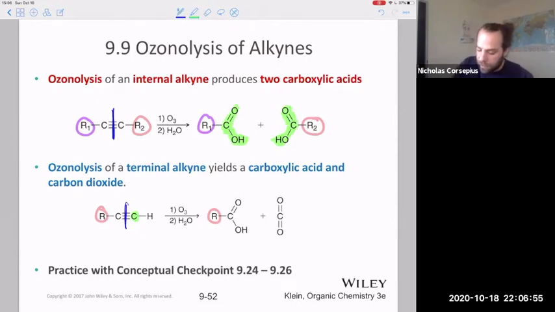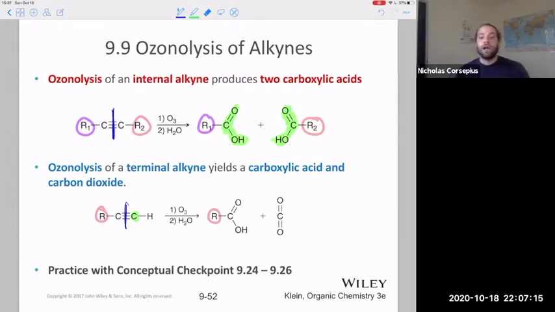And that's just because this compound right here doesn't really exist, even if there was a hydrogen there. It'll quickly rearrange itself and form carbon dioxide, okay? So with a terminal alkyne, you get a carboxylic acid and carbon dioxide.